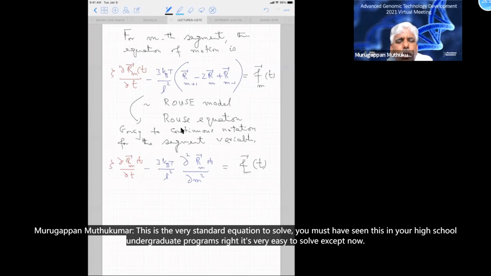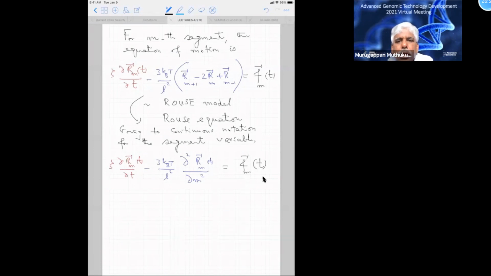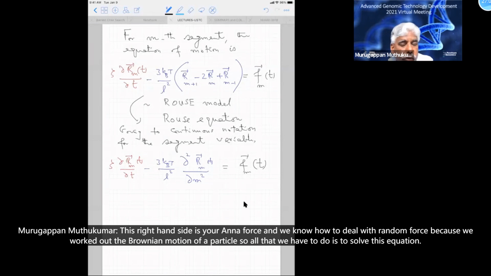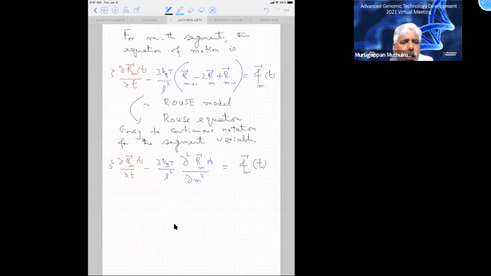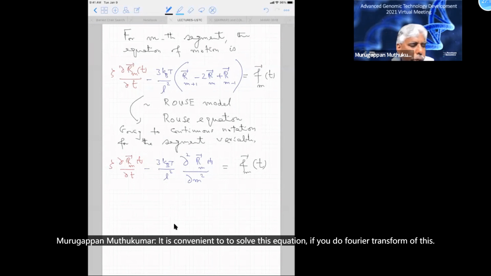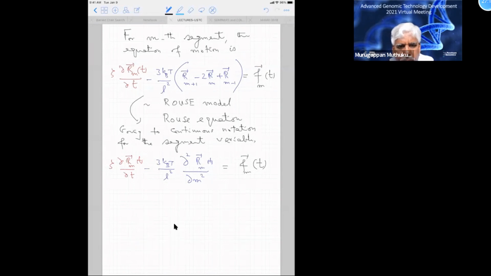It's very easy to solve, except now the right-hand side is a random force. And we know how to deal with random force because we worked out the Brownian motion of a rigid particle. So all we have to do is solve this equation. It is convenient to solve it if you do a Fourier transform.